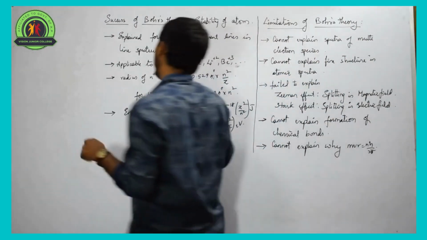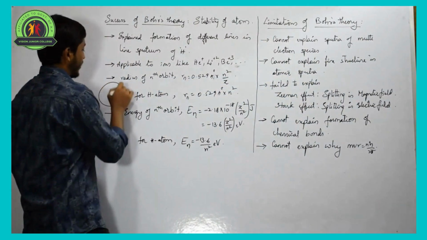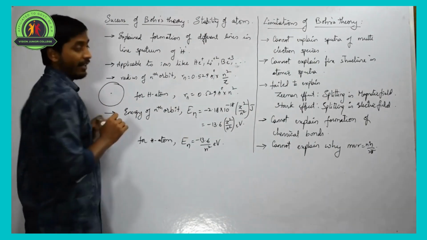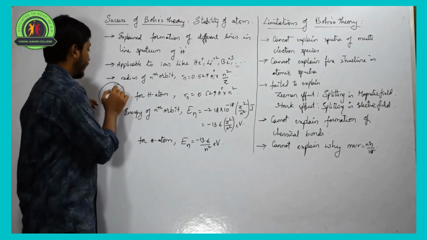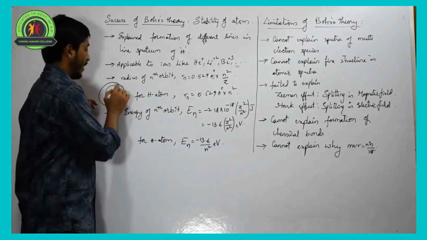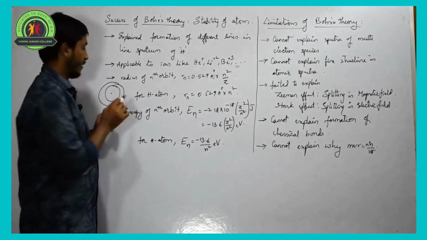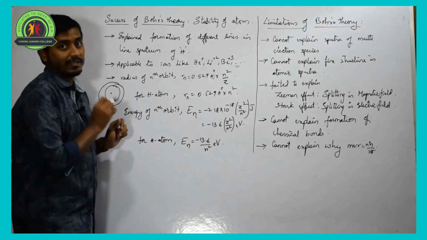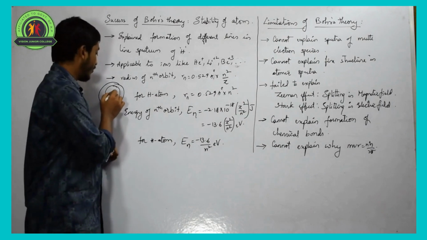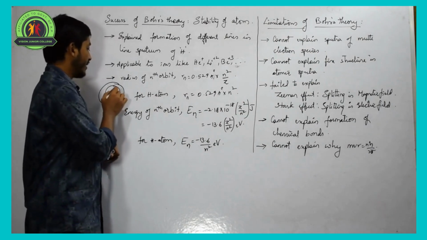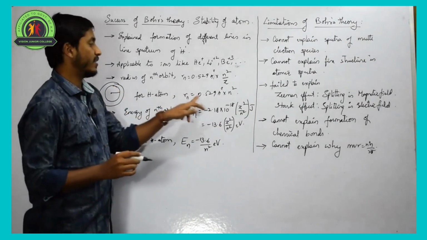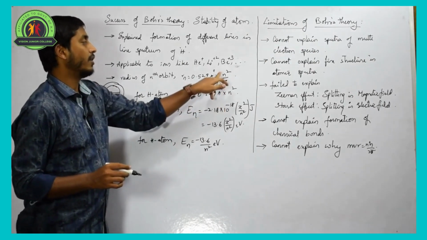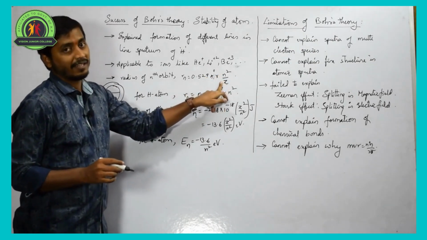Once again let me tell: if an atom is spherical in shape and this is the first orbit and there is the second orbit, and this is the center of the nucleus, then the distance between the center of the nucleus and this orbit is given by r1 is equal to 0.529 angstrom into 1 square by Z.